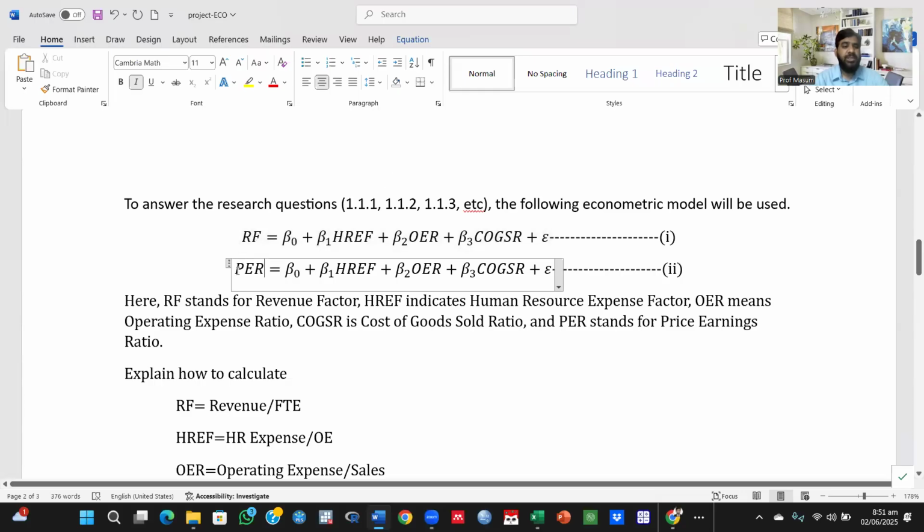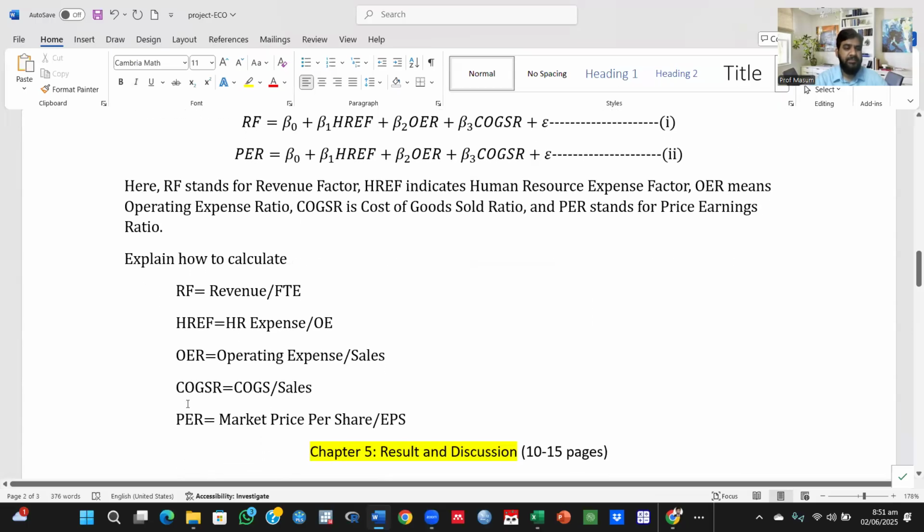to answer the research question, you have calculated this, how to calculate revenue factor. Also, you can use revenue factor as your dependent variable here. It says revenue factor, how to calculate revenue factor? Revenue divided by full-time employees.